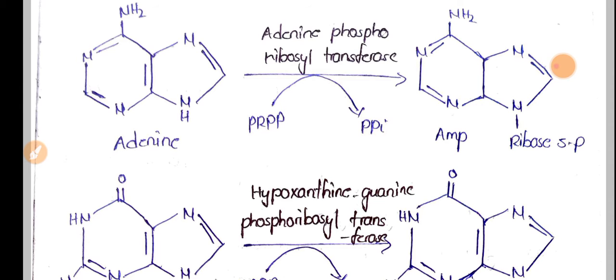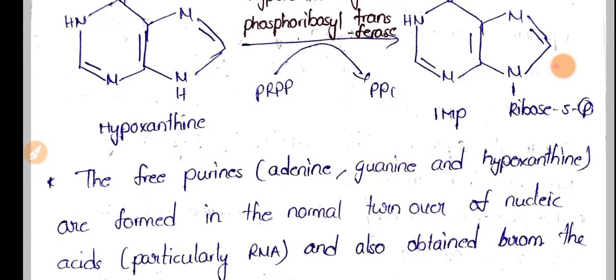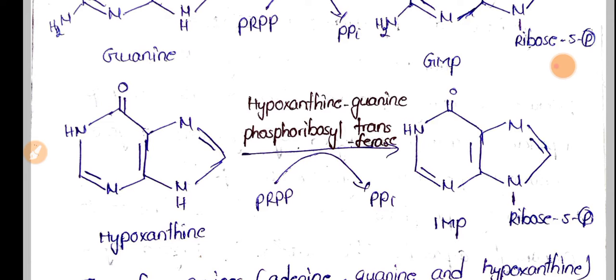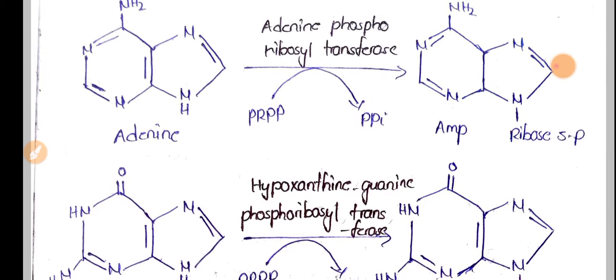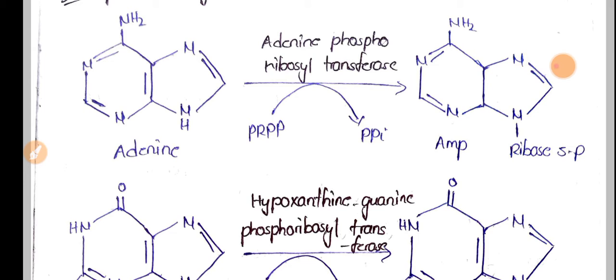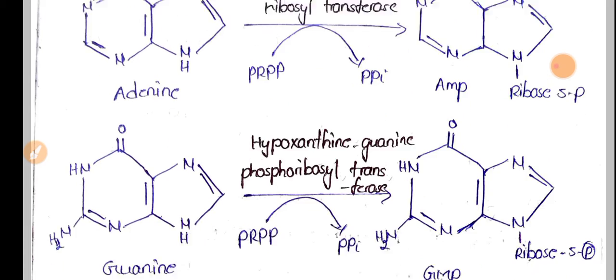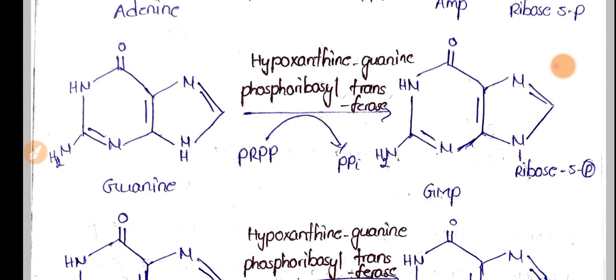Adenine, guanine and hypoxanthine will be converted into purine nucleotides. Adenine will be converted into adenosine monophosphate with the enzyme adenine phosphoribosyl transferase, and guanine is converted into guanosine monophosphate by hypoxanthine guanine phosphoribosyl transferase.